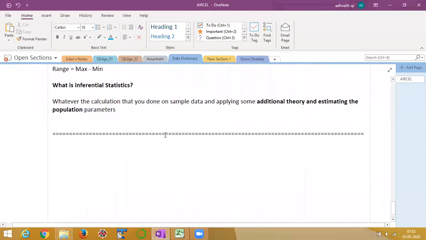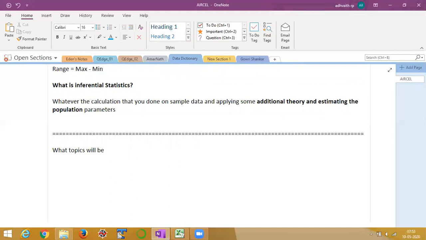Okay, so let me write the heading: what topics will be covered? Of course, there are no specific limits, but I'm talking about the most important topics, what is required for our data science.